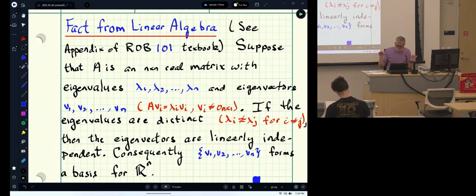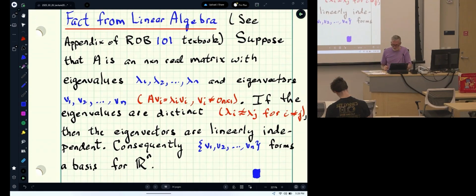It's not obvious why you need the eigenvalues to be distinct until you go through the proofs, and then you look at counterexamples. Take a random matrix, compute its eigenvalues, you're not going to have two of them the same. So it's a pretty generic situation.